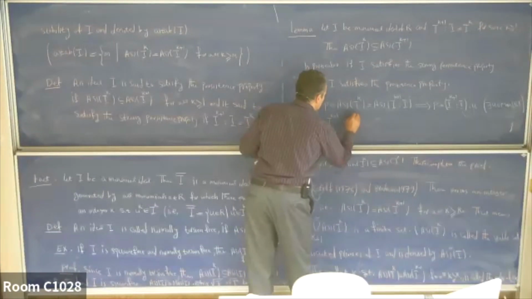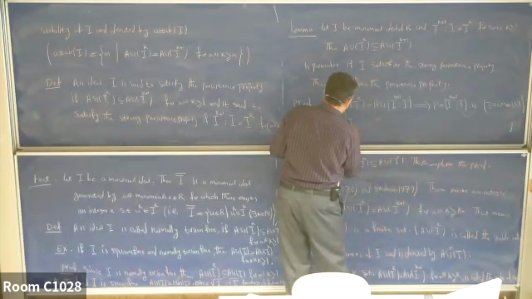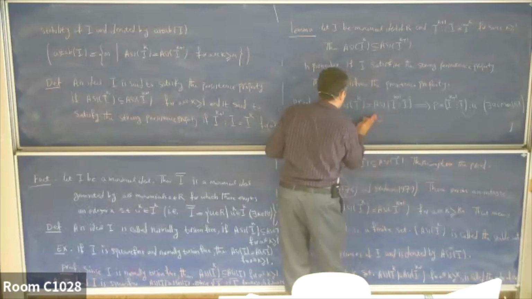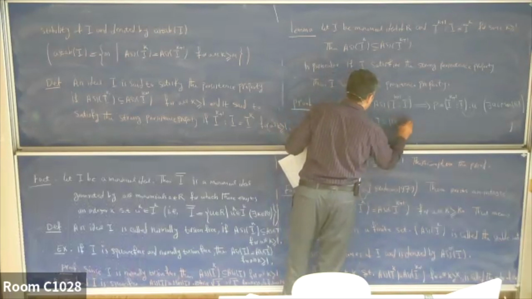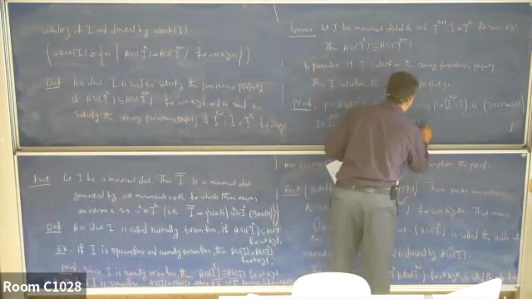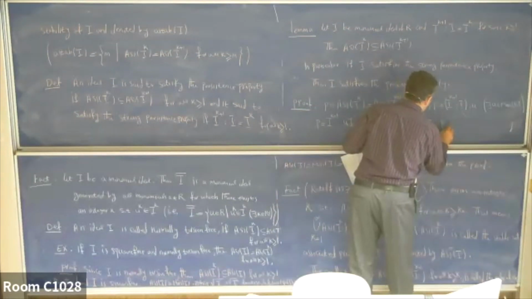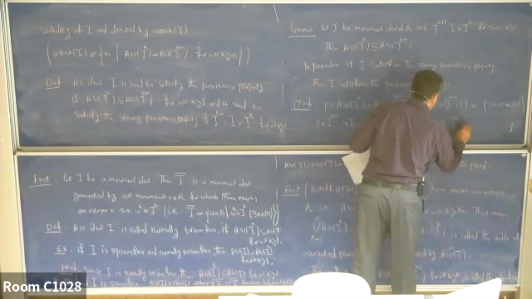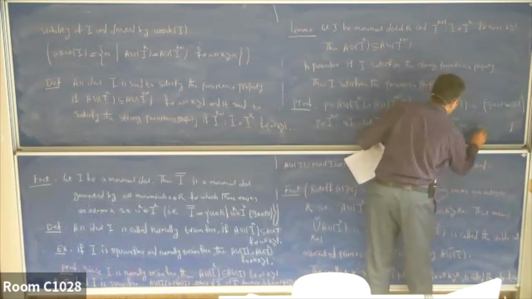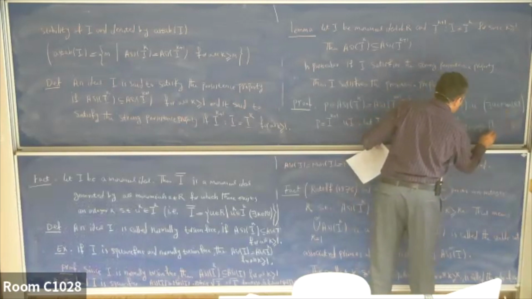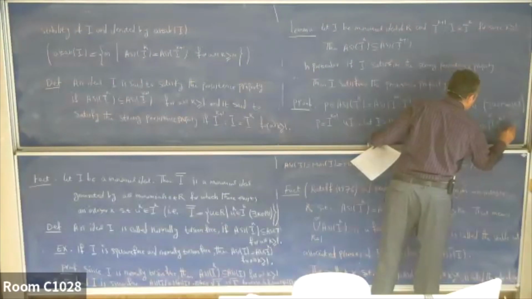If I let I be generated by V1 to VR, then A^(K+1) colon U is equal to the intersection of A^(K+1) colon U V_i, for i from 1 to R.